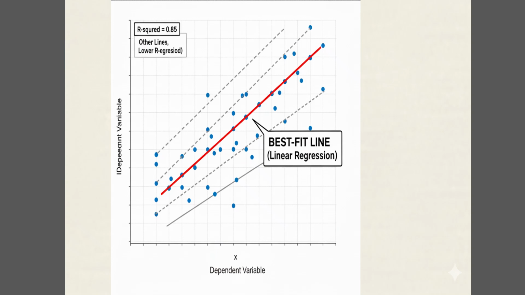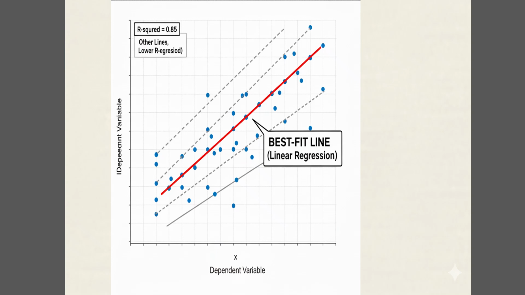It means 85% of the variation in our dependent variable, maybe our house price, can be explained by our independent variable, that is basically the square footage. A high R squared means a better fit. Those other lines would have a much lower R squared, which is how we know they are not the best lines. So by the value of R squared, you can find out the best fit line.